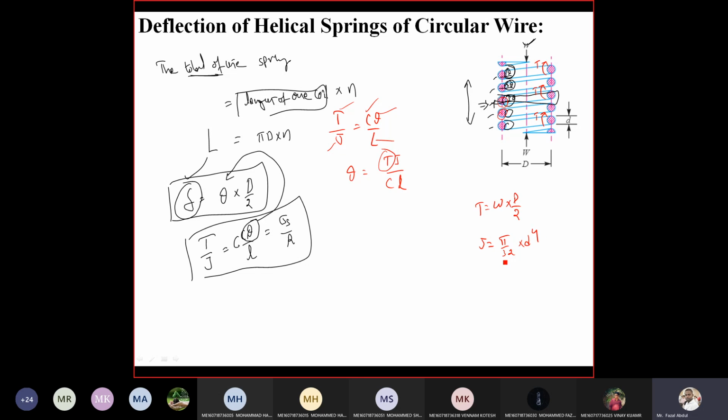That is the polar moment of inertia. C is the modulus of rigidity, and L we just calculated here. Okay, substitute all the parameters in this equation.